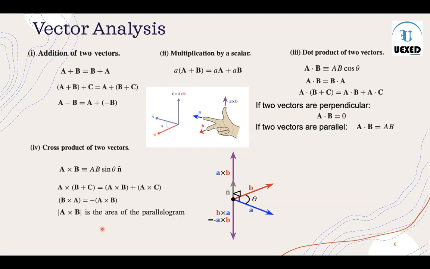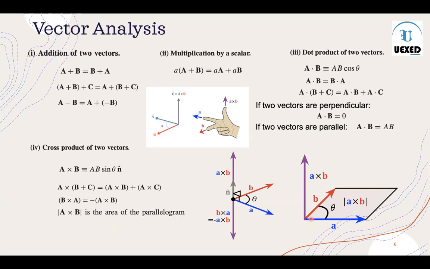People can ask, why are you taking this cross product? Is there any physics behind it? So you can see that this basically gives you the area of the parallelogram made by the vectors A and B, which you can see from here.